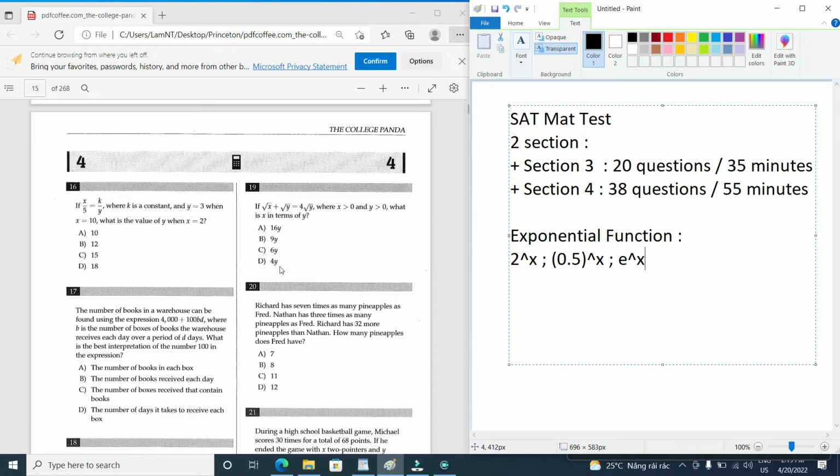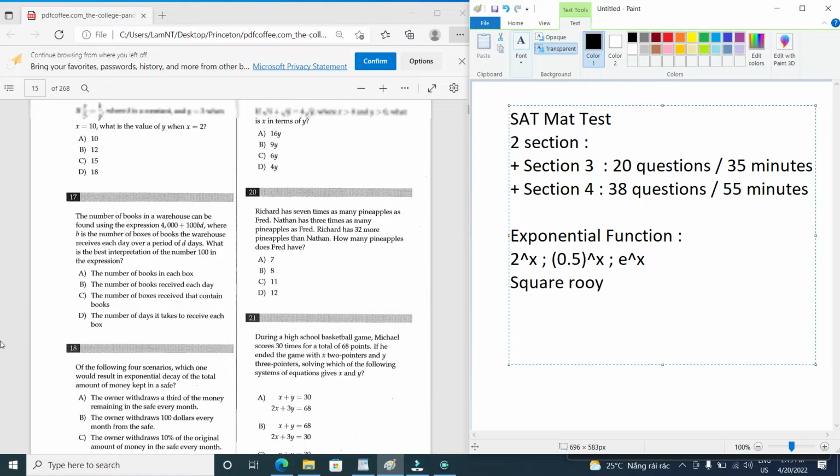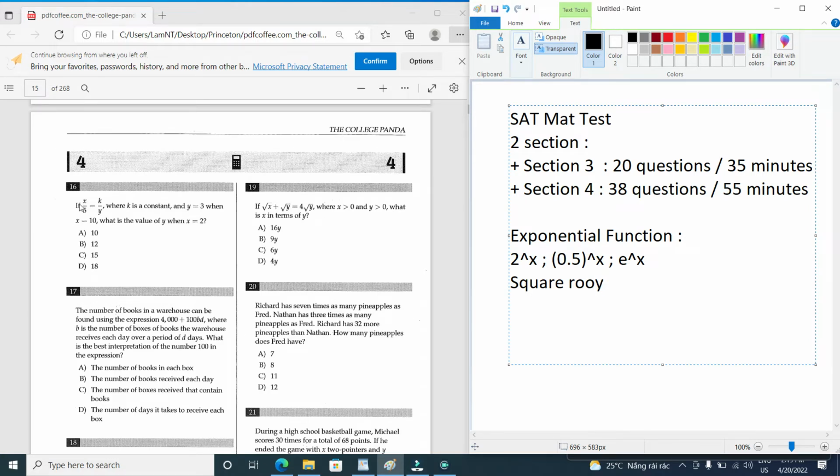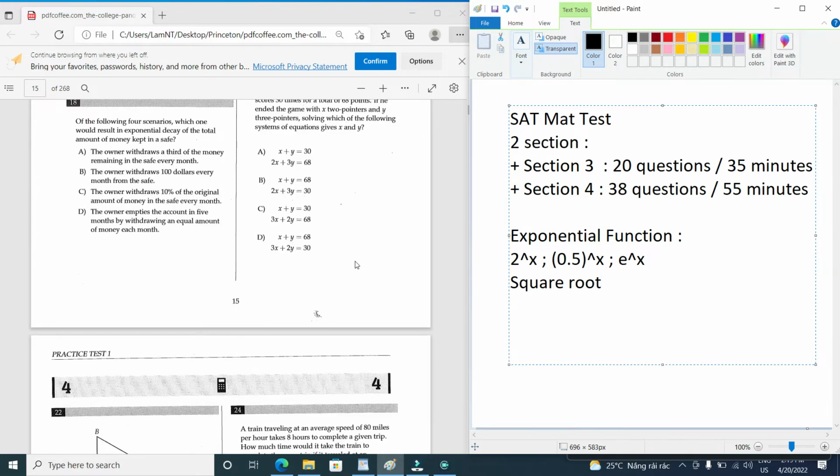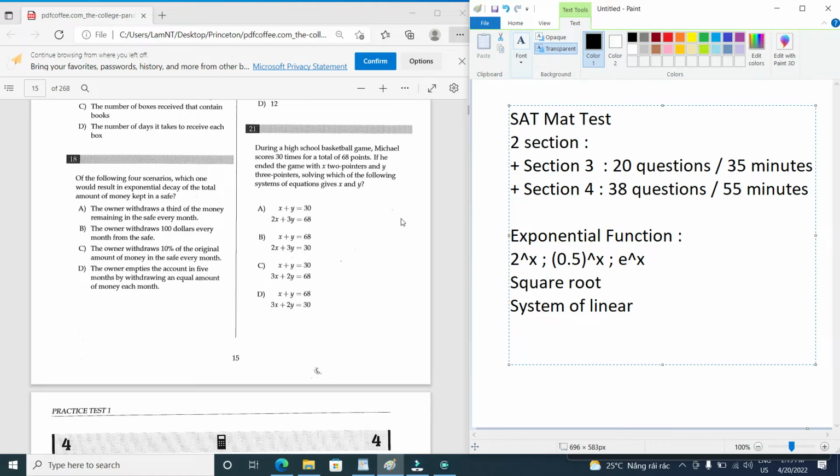Those were some typical exercises, and we also have here square root, which is one of the harder problems. So square root, and also we have a couple more here. This is just multiplication, like a cross multiplication of a fraction, so that's quite normal. We have a system of linear equations. That's question 21 right here.